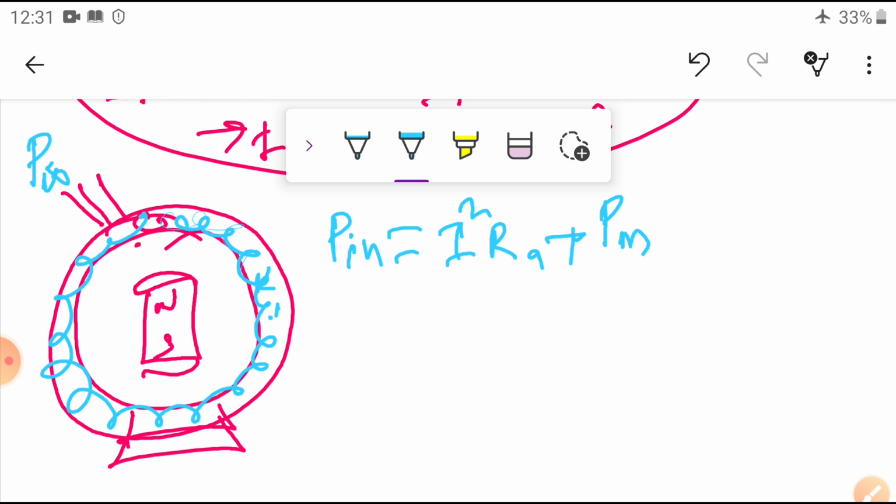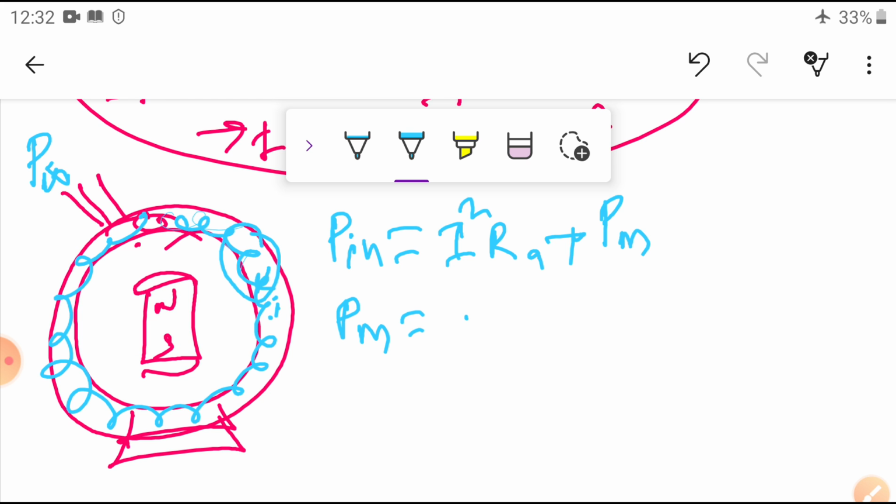Some of the power is wasted in the form of heat energy, that is I square R. Then total power minus these copper losses gives us PM, the mechanical power developed in the rotor, or the mechanical output of the stator.